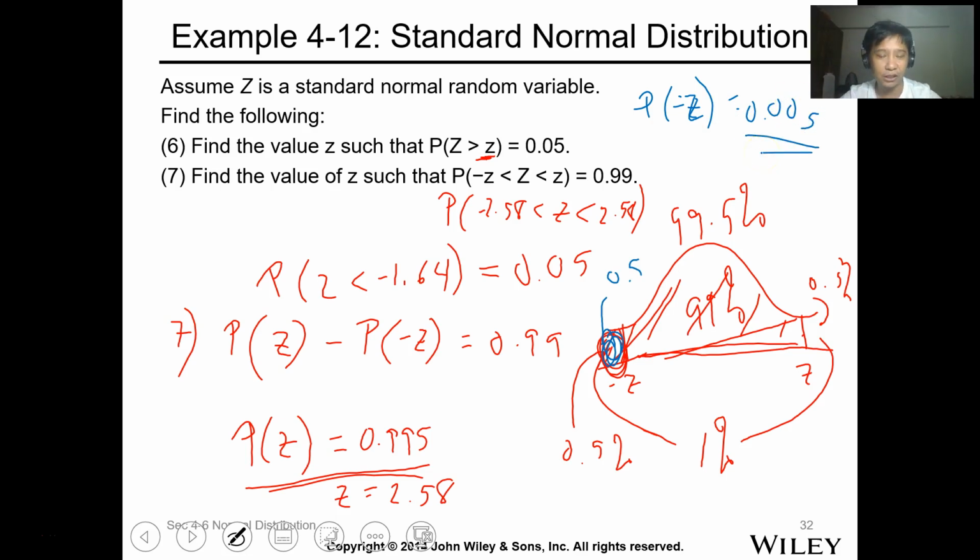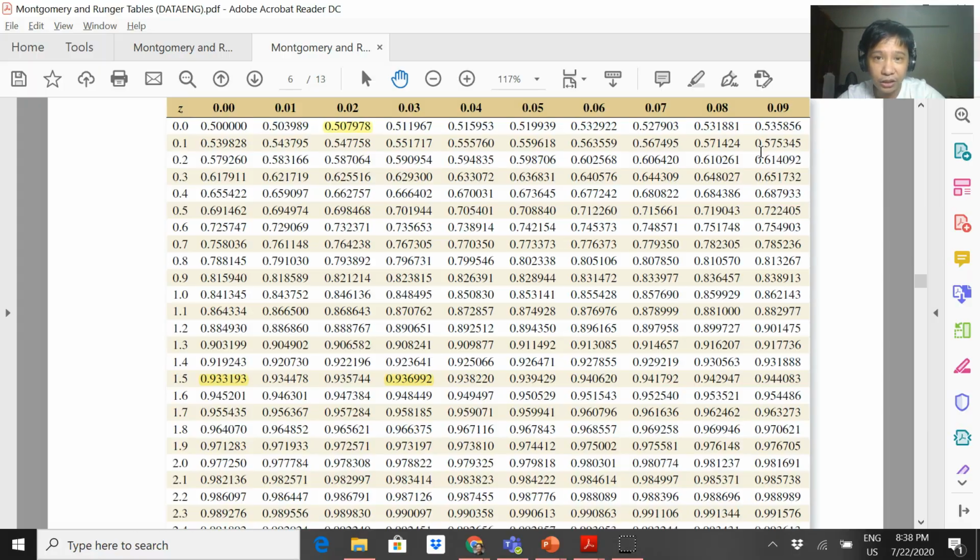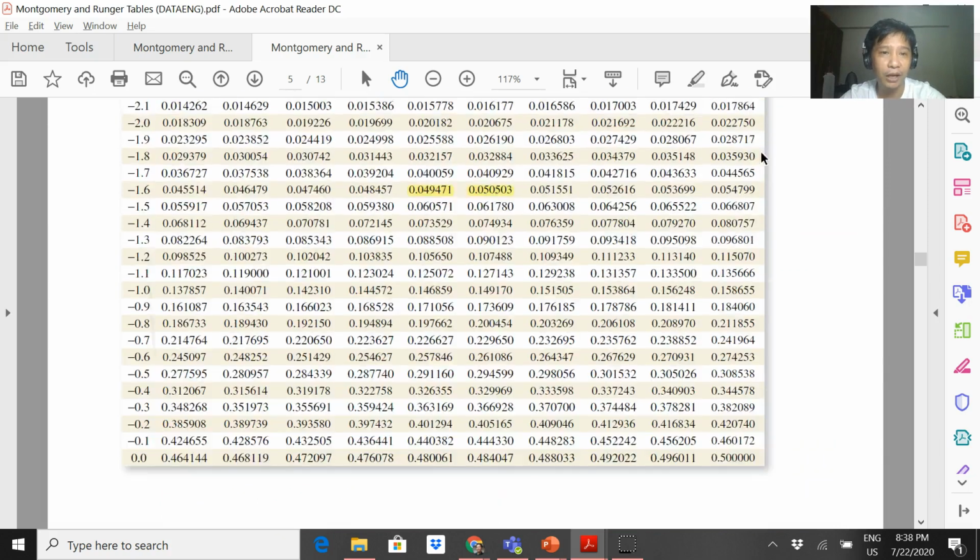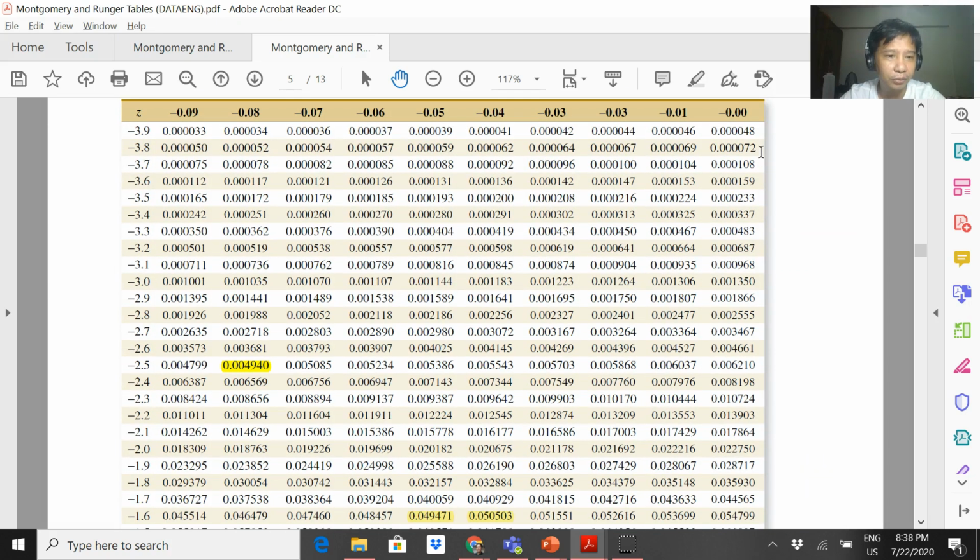Hanapin naman natin yung Z. So, kung babalik tayo dito sa value, so 0.005. So, dapat negative 2.58 siya. Ito siya. Ito, or ito. So, mas malapit to. So, we can use negative 2.58 or negative 2.57.